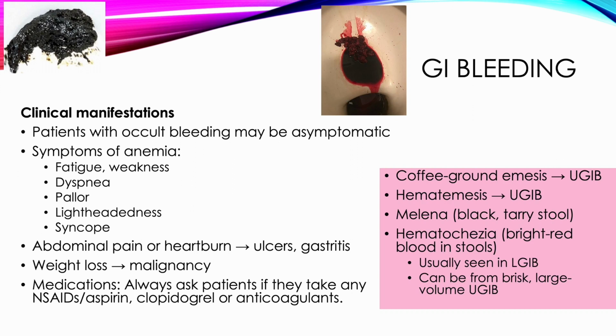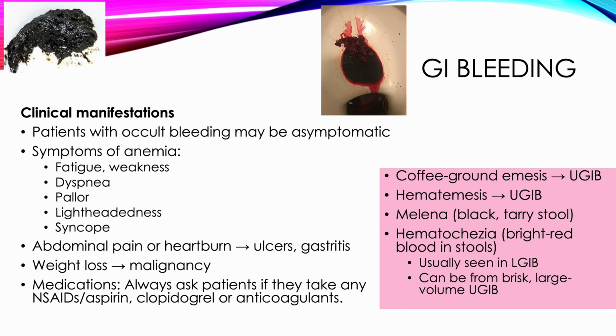Now, patients with occult bleeding and even with small GI bleeds, besides the blood itself, they could be asymptomatic. Symptoms of anemia, like we talked about before, can be fatigue, weakness, kind of generalized not wellness, dyspnea if they're losing a significant amount of RBCs, pallor, lightheadedness, and even passing out.